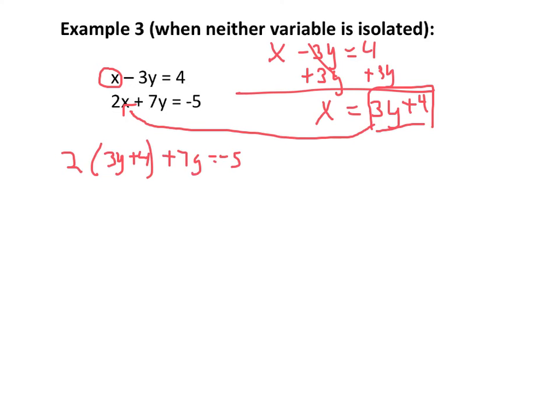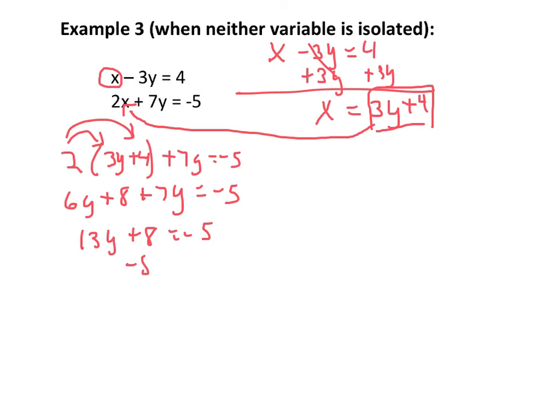Now I solve for y. So I distribute again, and then I combine like terms, and then I solve. So subtract 8, I get 13y is equal to negative 13. So if I divide by 13, I know that y is negative 1.